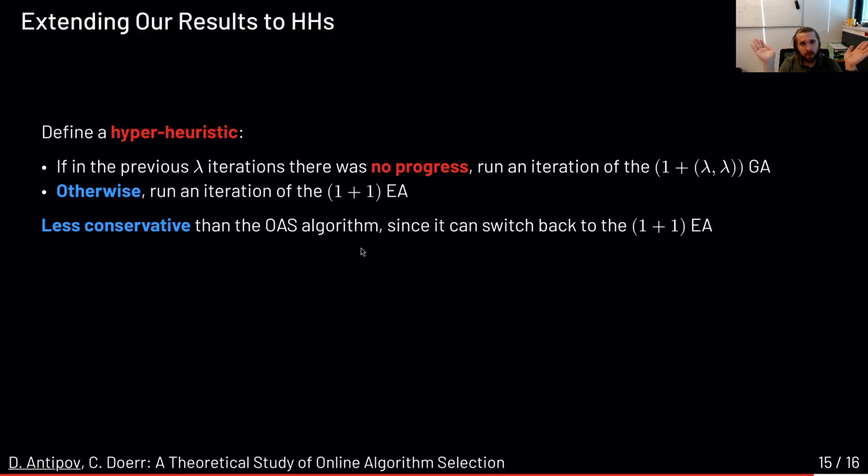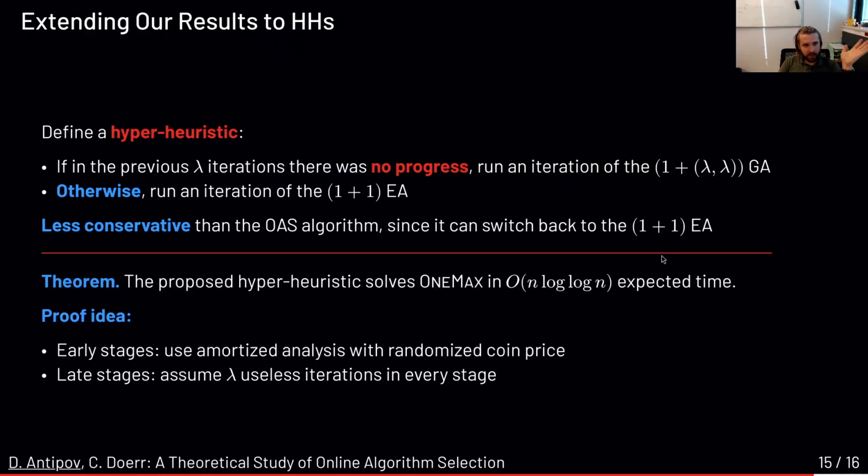So it's a simple hyperheuristic with a little bit of memory about what progress we had before. Note that it switches to the 1+(λ,λ) GA after λ unsuccessful iterations, which is less conservative than our online algorithm selection, but this is because we can switch back to the 1+1 EA. And interestingly, we also proved that this hyperheuristic can solve OneMax in the same asymptotic time, which is n log n.